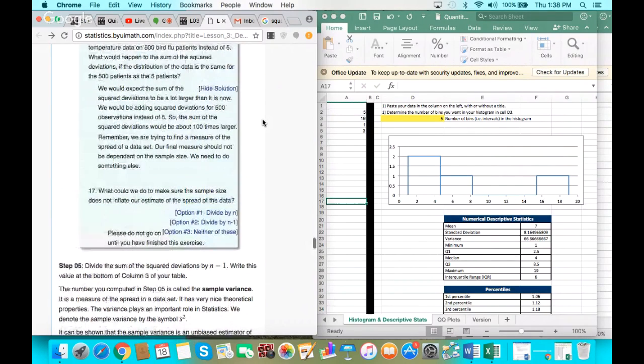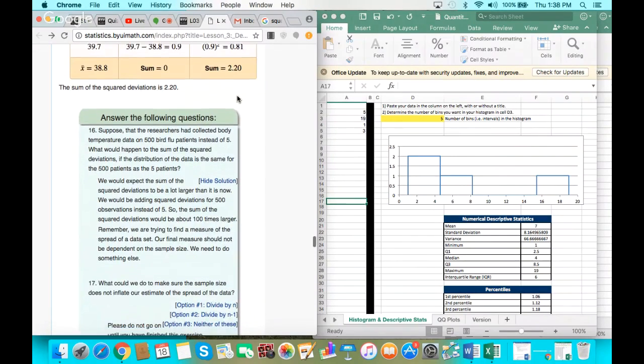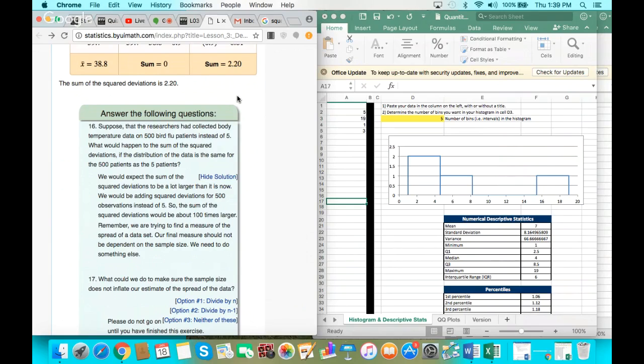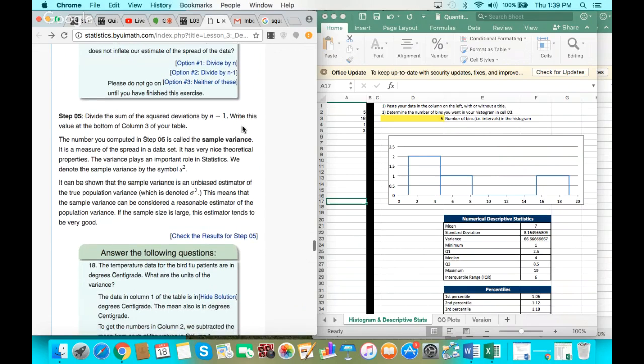So what would be our n? It would be our sum, right? We divide the sum of the square deviation by n minus 1.